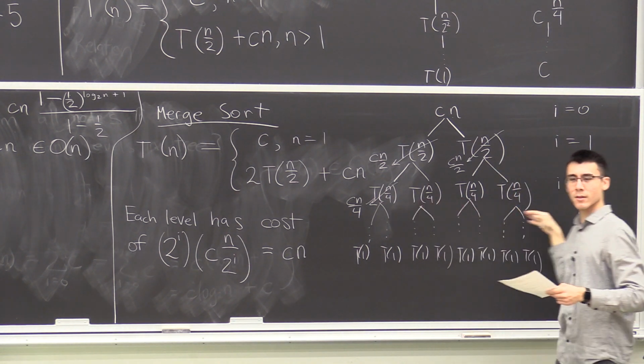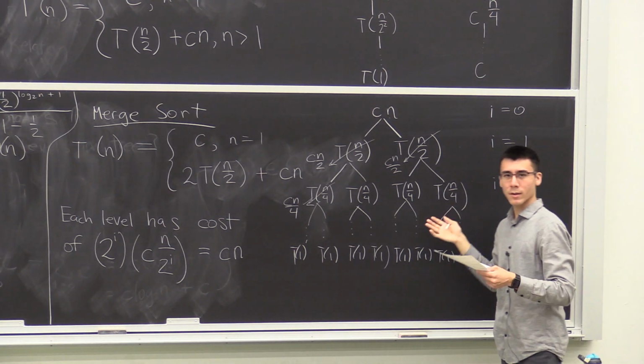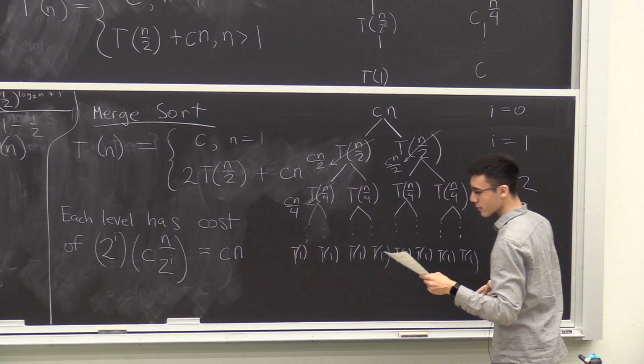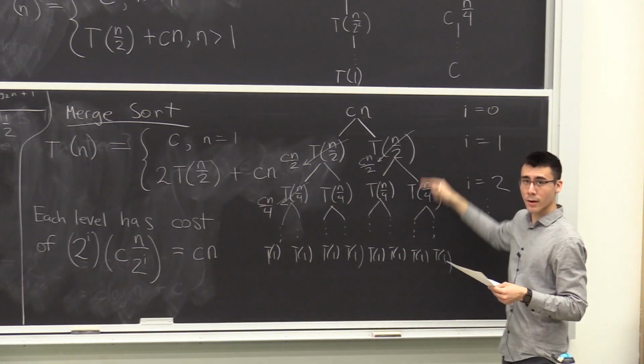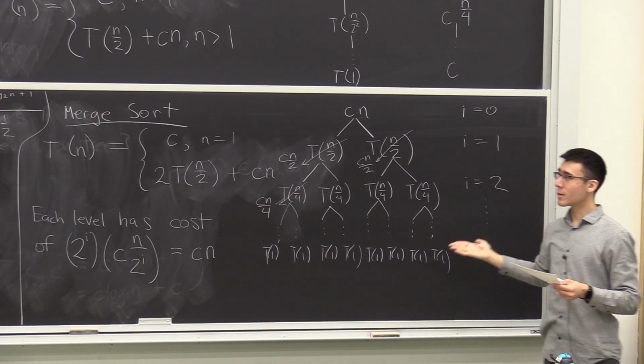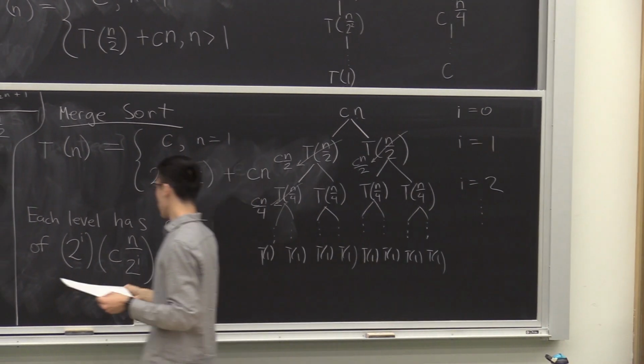So you can kind of see that diagrammatically from the tree. So that's great. Every level is Cn. And just like with binary search, how many levels are there? Well, it's going to be log base 2 of n plus 1. Right?